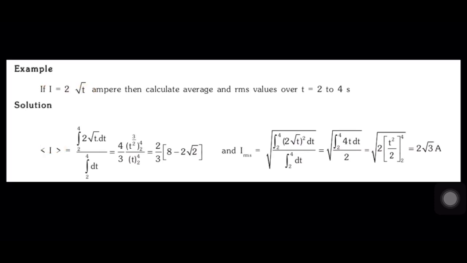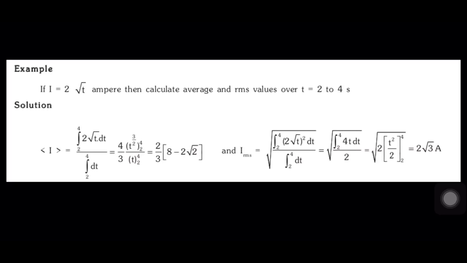Since they have given in the question current as a function of time, we have to integrate the function over time. So integral, the limits they are given, t equal to 2 to 4 seconds. So we have to put the limits over here. Integral lower limit 2 to upper limit 4, 2 root t dt divided by integral 2 to 4 dt.